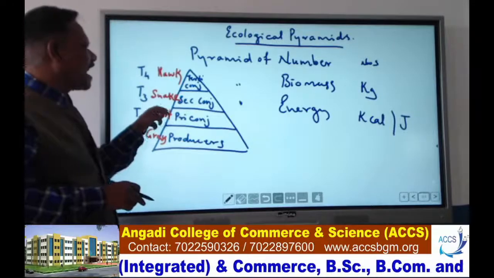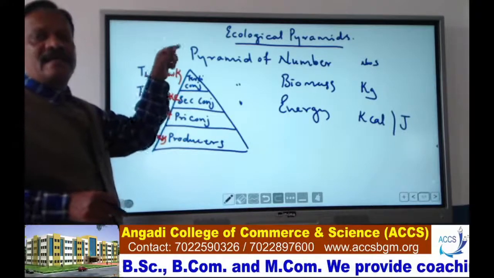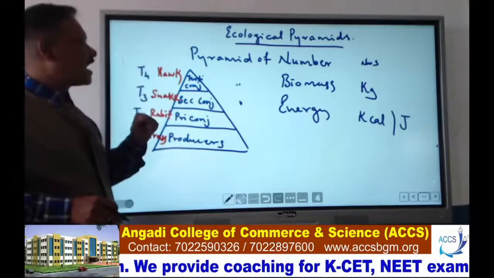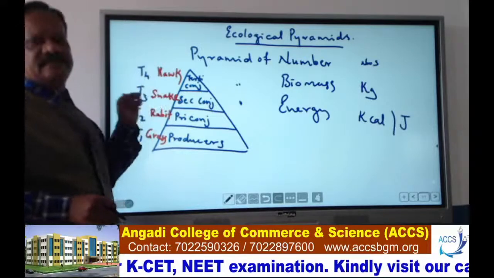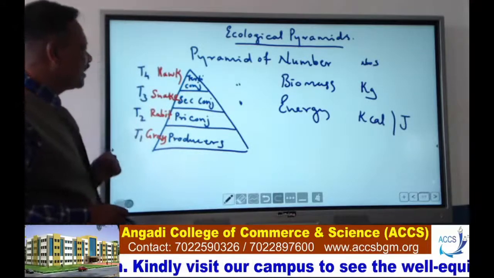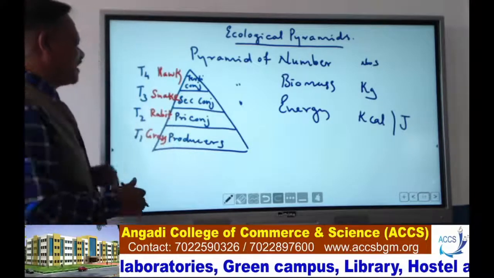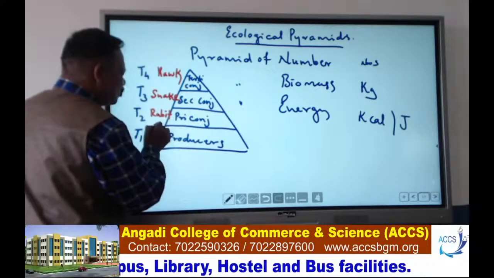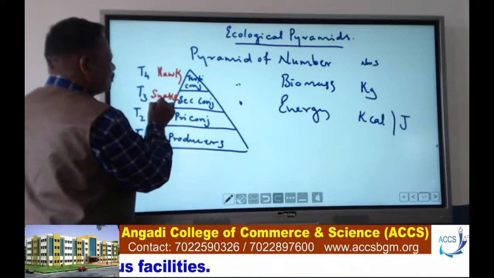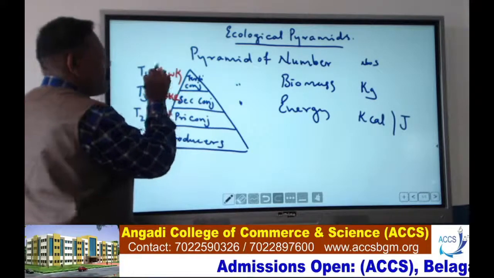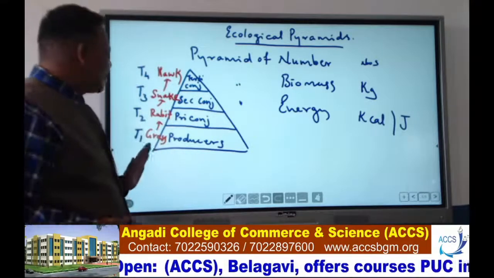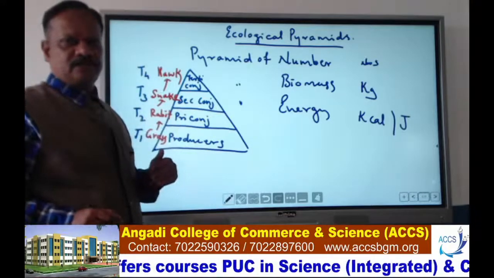But on the other hand, hawk becomes a larger or bigger carnivore, as it is eating snake. In this way, the food or energy is moving from one place to another: grass to rabbit, rabbit to snake, snake to hawk. So in this way, you observe the energy flow.